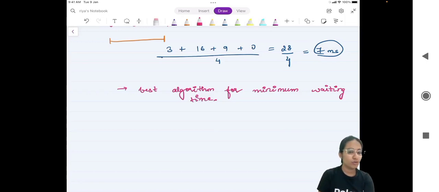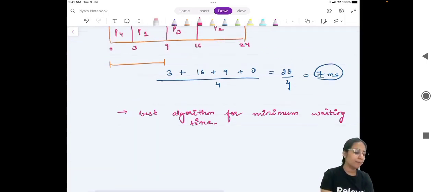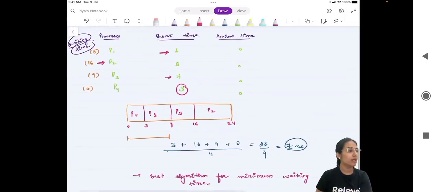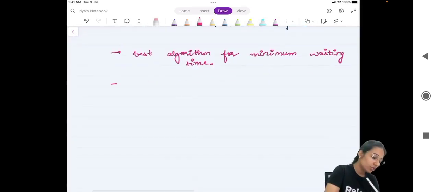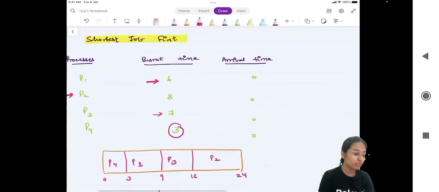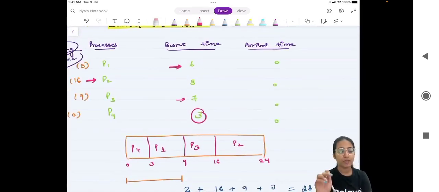Another thing to remember is that to successfully implement this algorithm, the burst time of the processes should be known by the processor in advance, because you have to execute the one with the shortest burst time first.